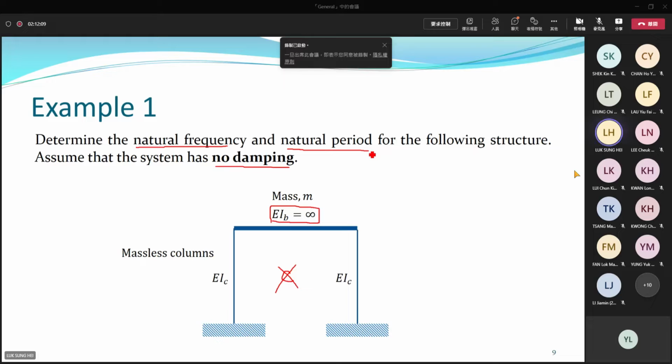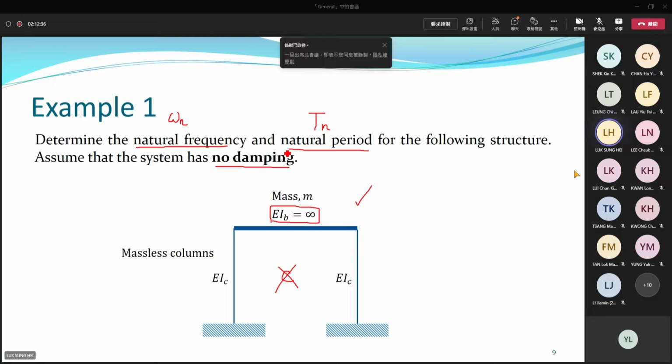Natural frequency means omega n. Natural period means Tn, symbolically. In this example, you are asked to determine natural frequency, omega n, and natural period, Tn, for the following single degree of freedom systems.